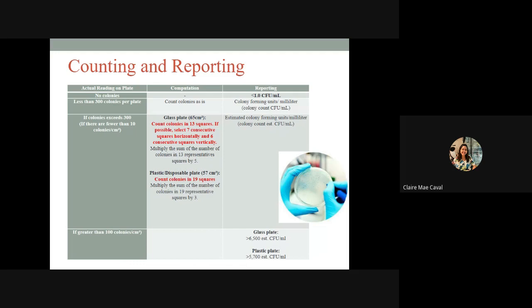So you do not need to put EST or estimate if you can count the whole plate. And it is possible. Example, mga 48 lang or 32 colonies, mabibilang mo lang yan, class. Okay? But if you do not count, you do this procedure, that's the time you have to add EST before colony forming unit per ml, meaning it's a rough quantitative estimation of the number of colonies present in a water sample.